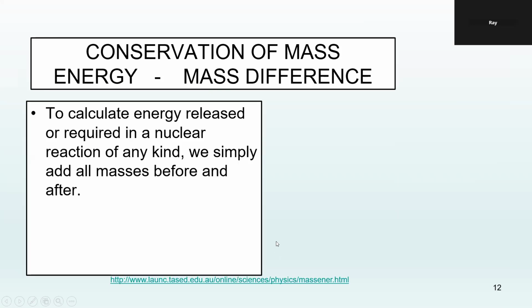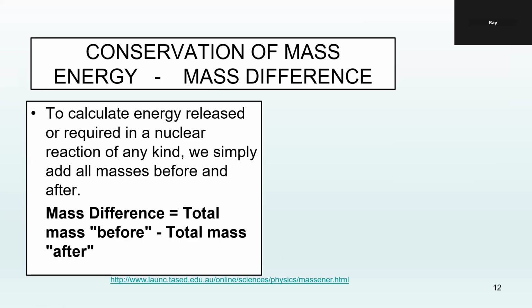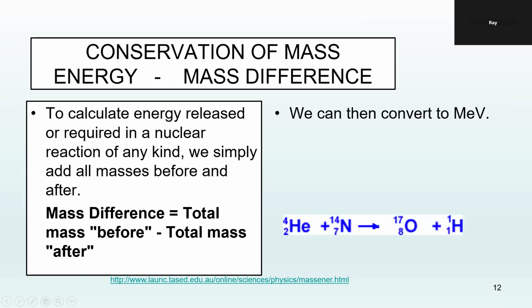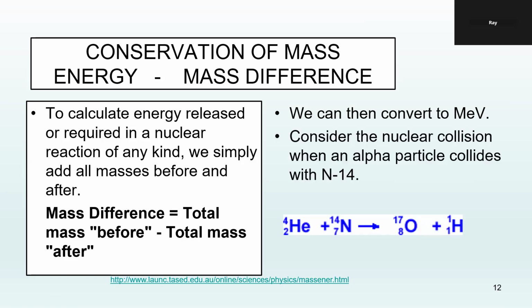To calculate the energy released or required in a nuclear reaction of any kind, we simply add all the masses before and after, find the mass difference, total mass before minus total mass after. Then we can convert to mega electron volt.